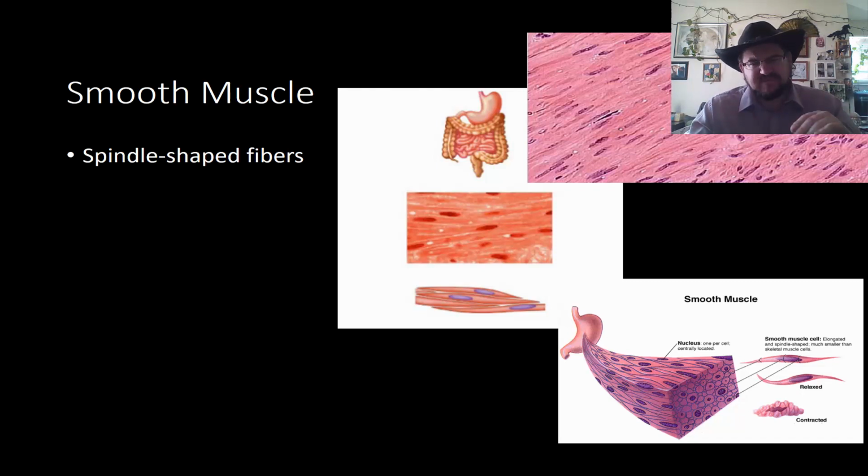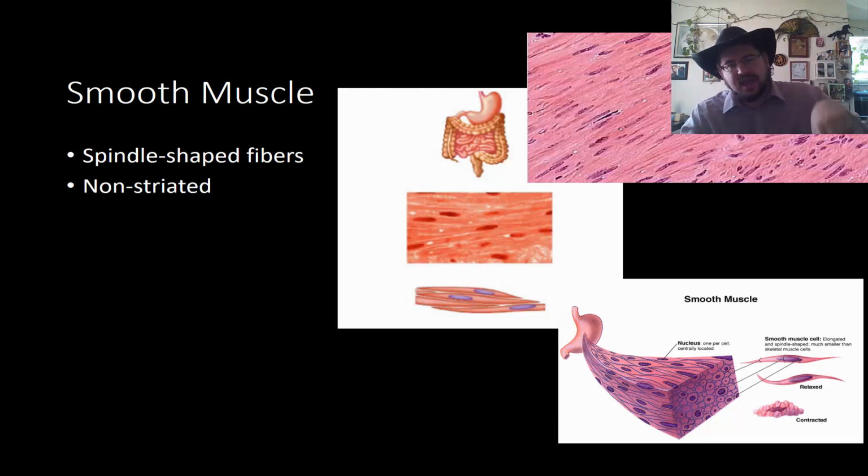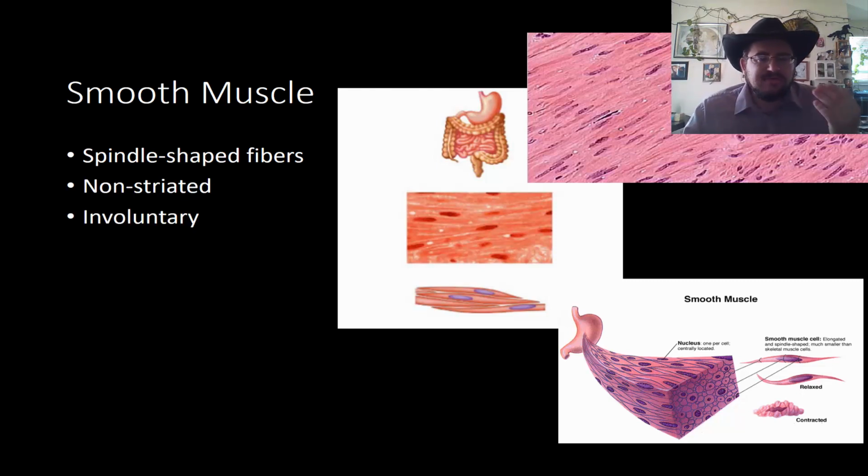We hit this in that 4 types of tissues lecture. Spindle-shaped fibers. Non-striated. We don't see the little stripes. And remember, those stripes would allow a lot of contraction. Involuntary, not under your brain conscious control. You cannot think your intestines to contract more.